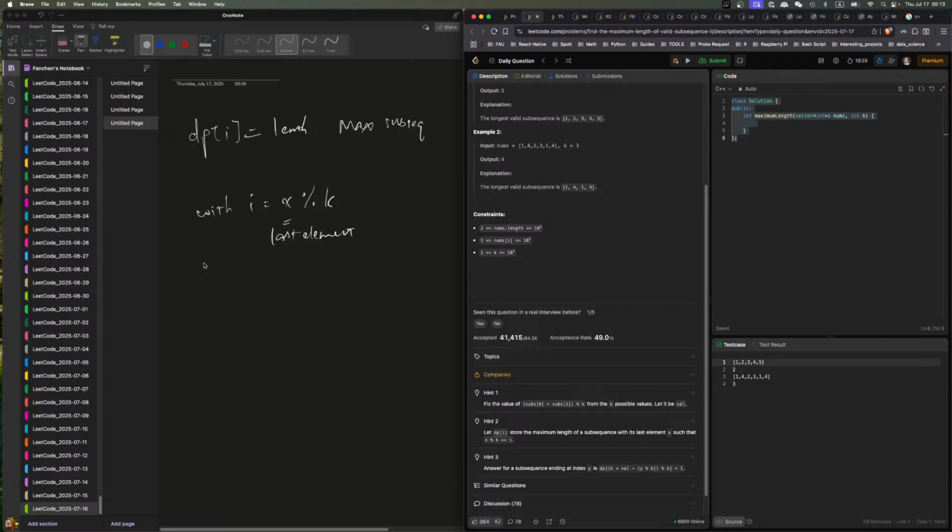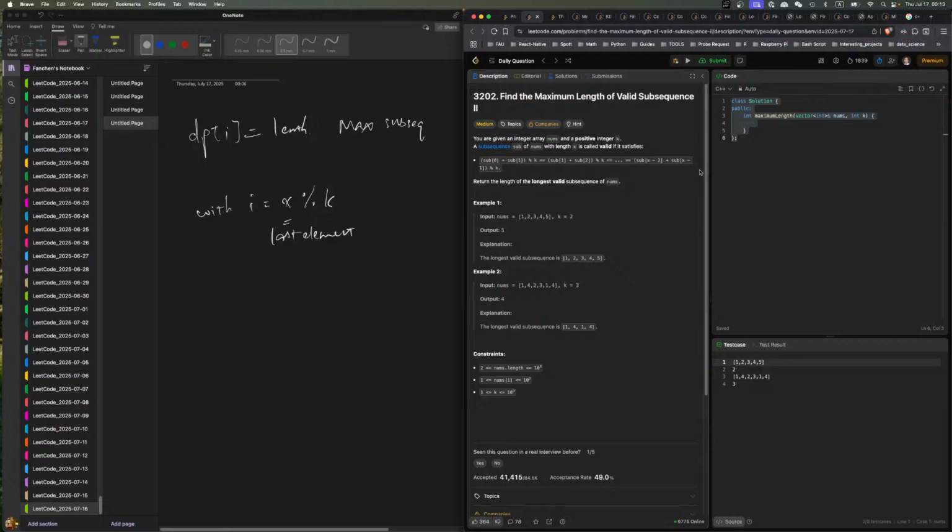And for a subsequence ending at index y, what does the last value?